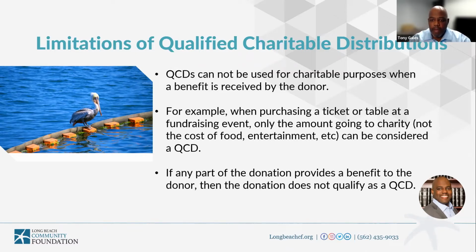Now, the amount that you receive as benefit cannot be excluded as a qualified charitable distribution. Furthermore, if any part of the amount that you send to an organization as a charitable distribution is a portion that you receive benefit for, it disqualifies the entire distribution from being a qualified charitable distribution.